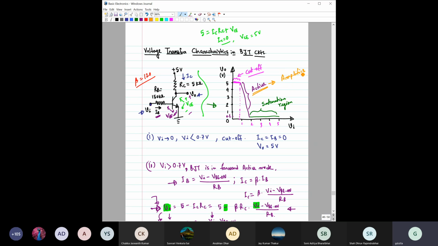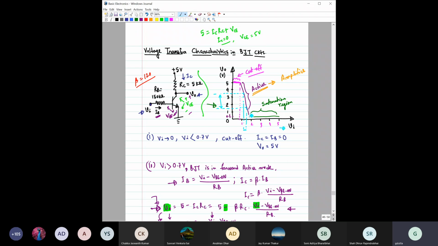Why is it an amplifier? Because here, this is the input voltage. If you make a small change in this input voltage, say only this much, see what the change in the output voltage is. The change in output voltage is this much, right?